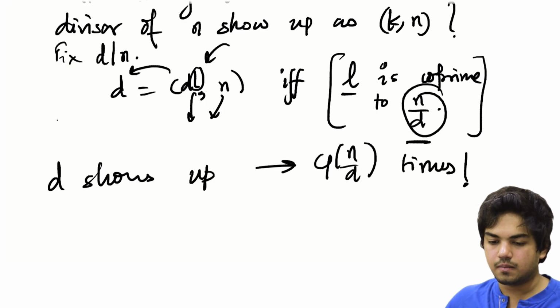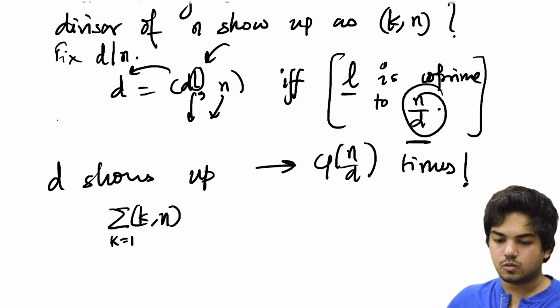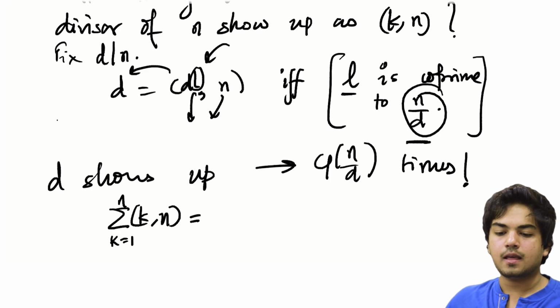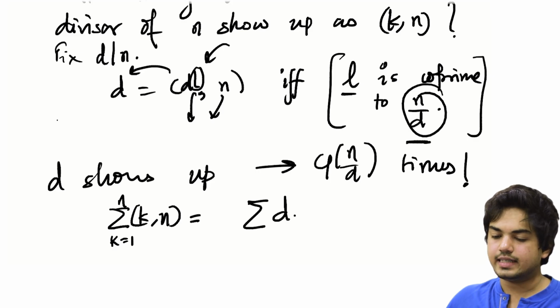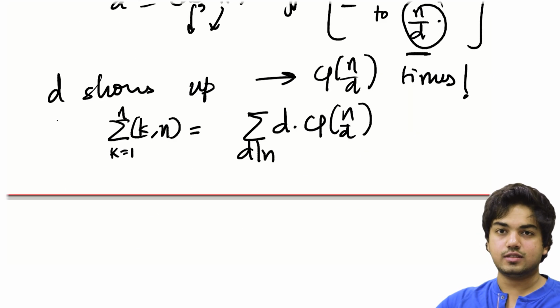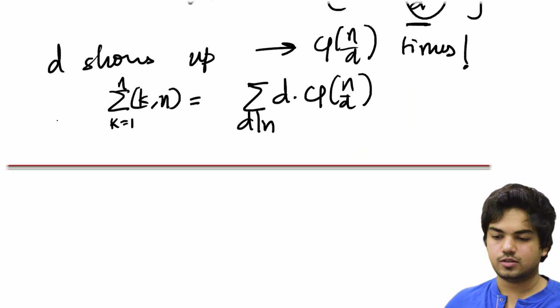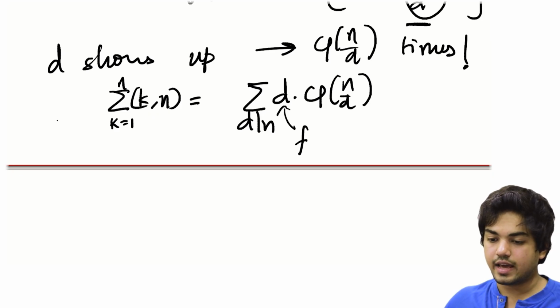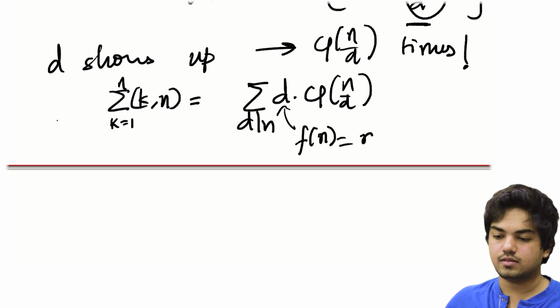Hence, my sum of gcd of K comma n, K is equal to 1 to n, is actually just the sum of D times phi of n by D. D runs over the divisors of n. As you've seen, this is a Dirichlet convolution, right? D is just the identity function, in that this corresponds to the function f that just sends n to itself, right?